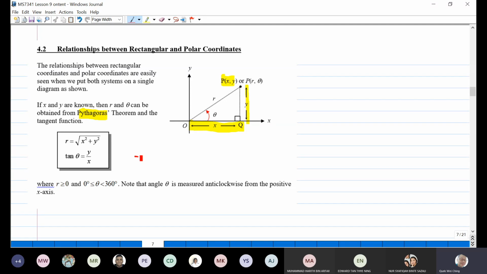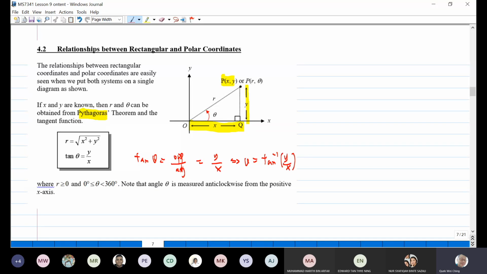So tangent theta is opposite over adjacent. Opposite of the angle is y, adjacent is x here. So from here you can find theta. Theta equals tangent inverse of y over x.